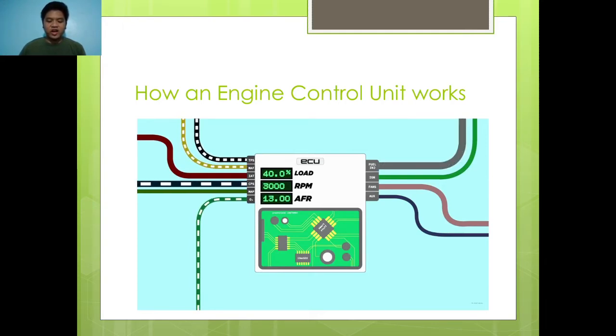So if the AFR value coming from the oxygen sensor is 13, the table says it's supposed to be 11.5. So the ECU knows that the engine is running too lean. So it sends the signal to the fuel injectors to stay open long enough to add more fuel to the mixture to make the AFR value 11.5.